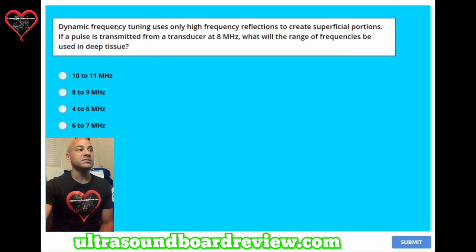Question 12. Dynamic frequency tuning uses only high-frequency reflections to create superficial portions. If a pulse is transmitted from a transducer at 8 megahertz, what will the range of frequencies be used in deep tissue?